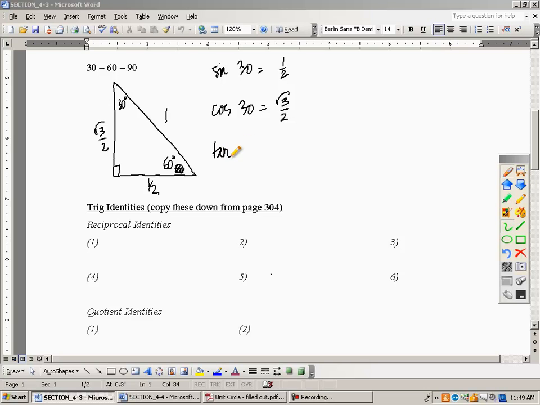The tangent of 30 is where we have to do sine divided by cosine. 1/2 divided by the square root of 3 over 2 is 1/2 multiplied by the reciprocal of my denominator. 1 over the square root of 3 is not okay, so we rationalize our denominator, and you get the square root of 3 over 3.